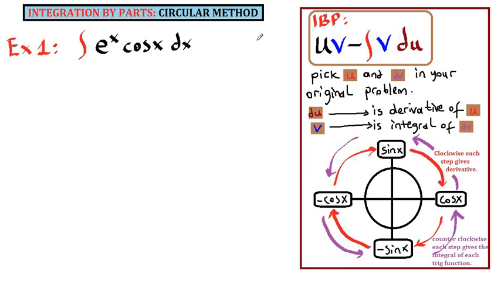Let's begin. In our original problem we're going to pick u and dv. So our e to the x is u and cosine x dx is our dv.